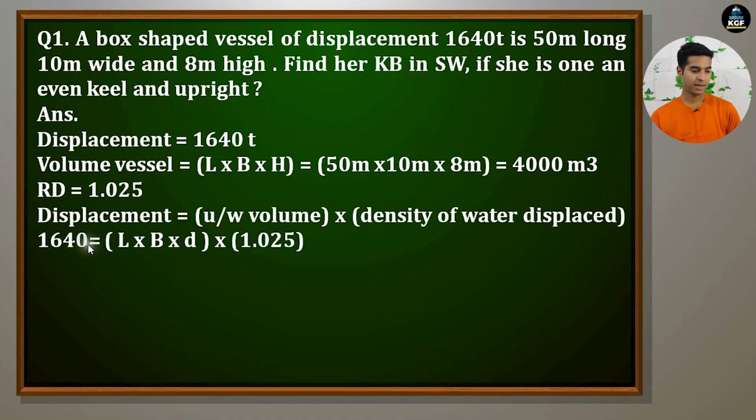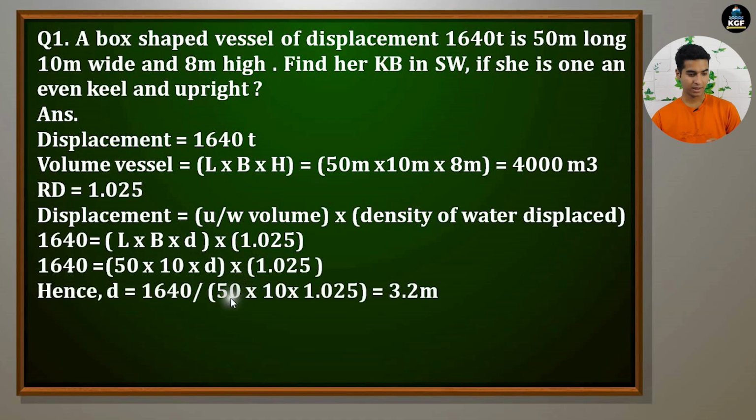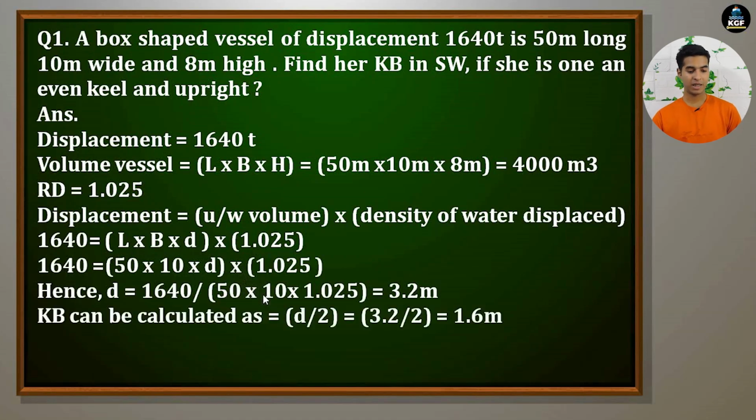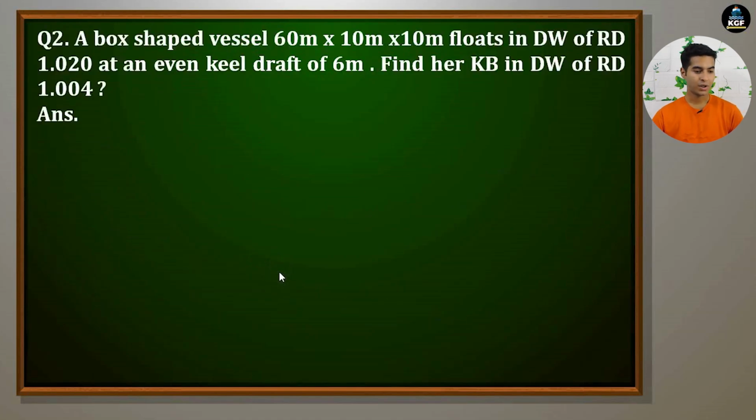We put the data into this format: displacement equals underwater volume into density of water displaced. So 1640 equals length, breadth, draft multiplied by 1.025. If we solve, the draft will be 3.2 meters and the KB will be draft by 2, that is 1.6 meters.